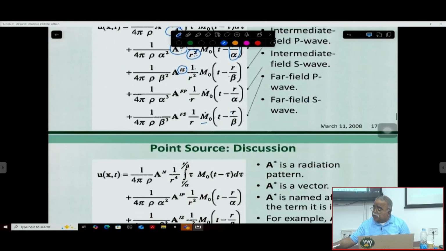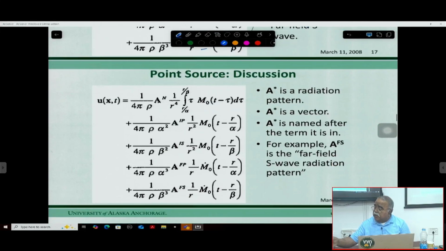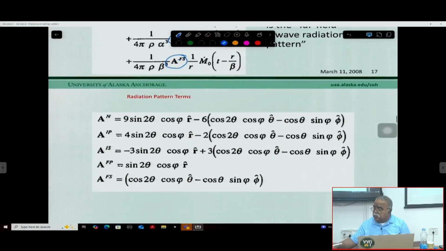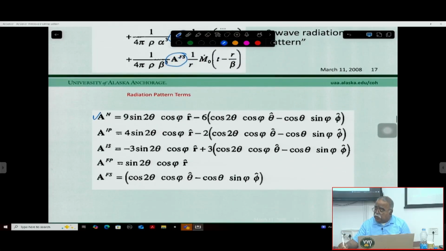So that's your displacement, and these are the radiation patterns, right? So AFP, AS, these are the intermediate path radiation patterns, and then these are the AFP, AS, the far field radiation patterns, and the radiation pattern values are like this in terms of theta and phi. Theta is the angle, and phi and these things you can calculate.